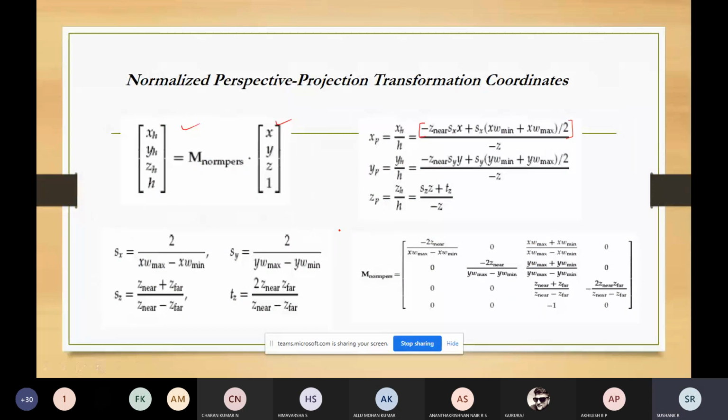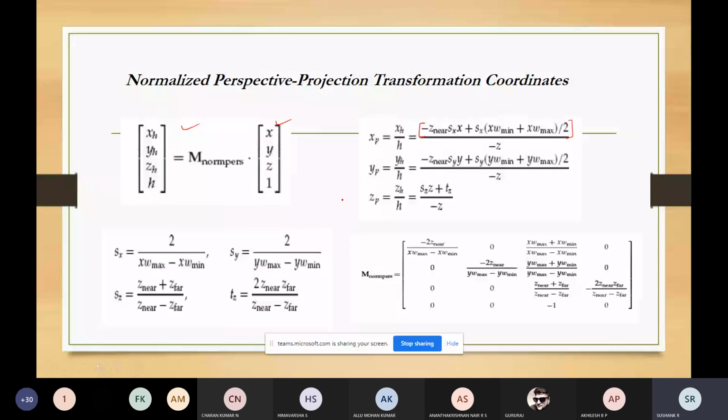For normalizing this, we will replace this xp, yp, and zp with minus one, minus one, minus one. See how we will normalize them.